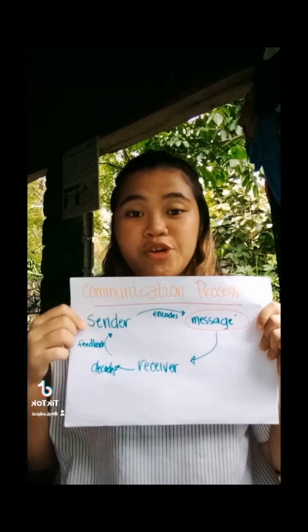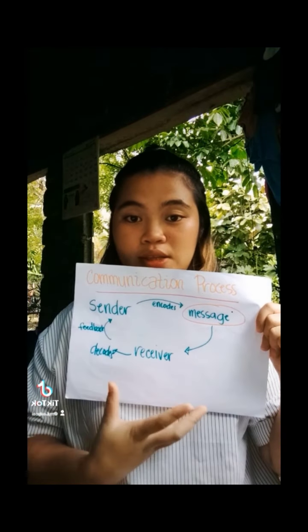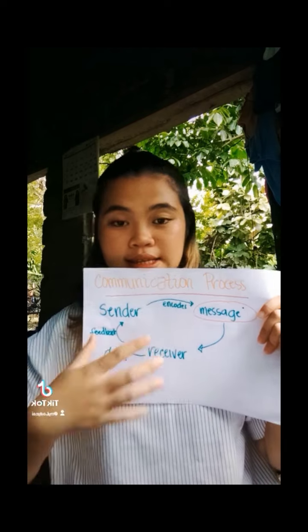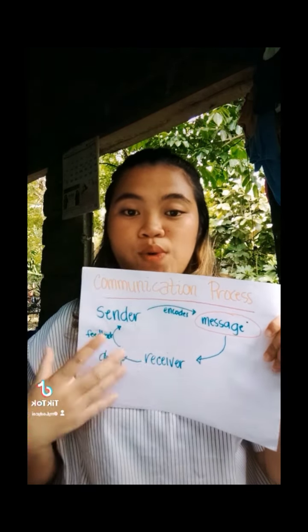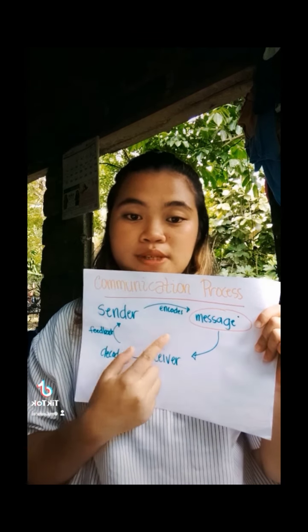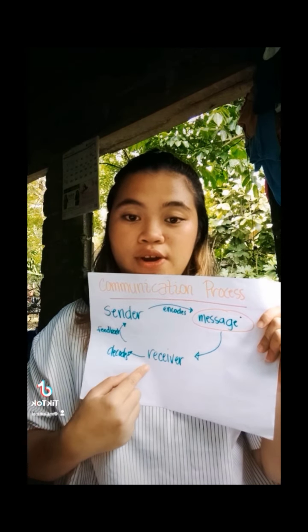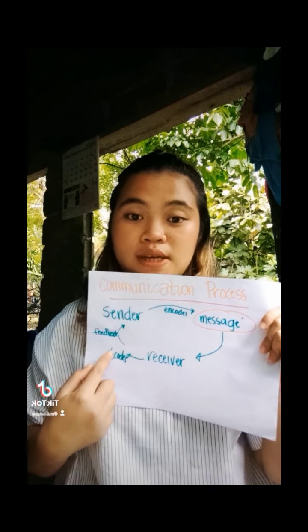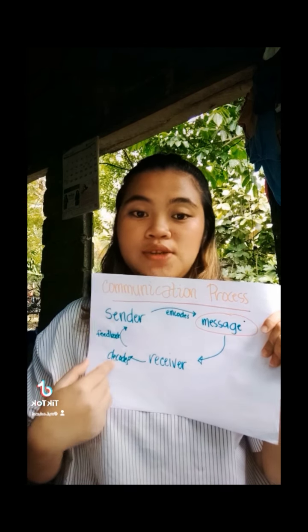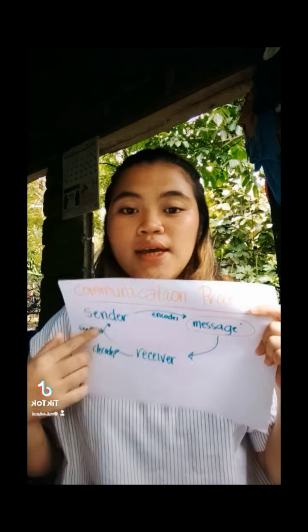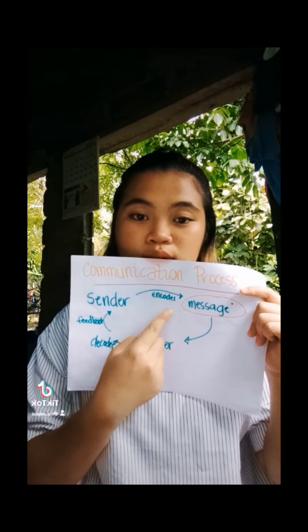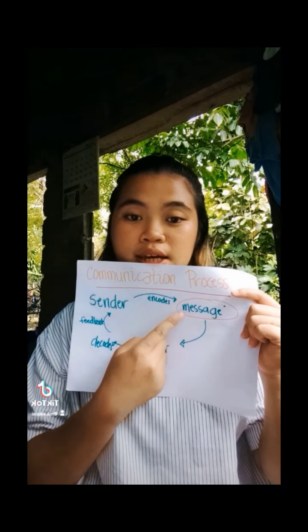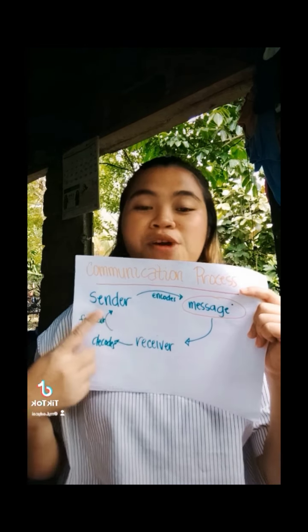In the previous report made by my classmate during the face-to-face classes, the communication process was explained. The sender encodes the message to the receiver, and the receiver decodes and sends feedback to the sender. So, the sender encoding the message is the first step in the communication process.